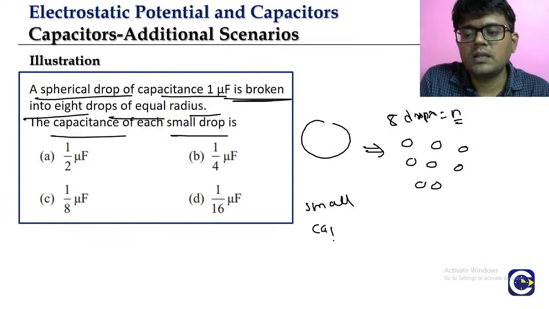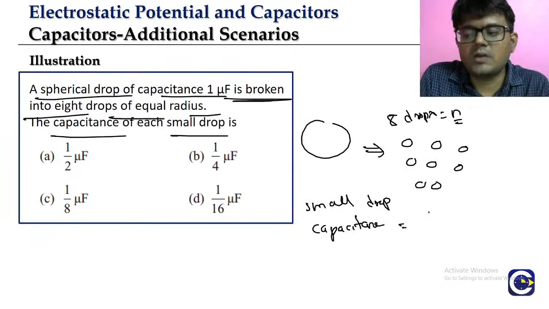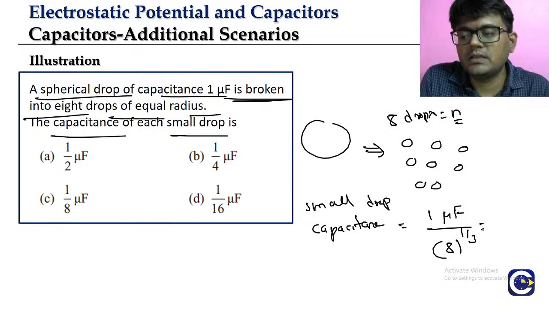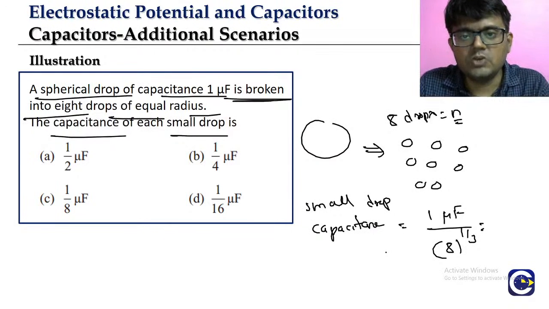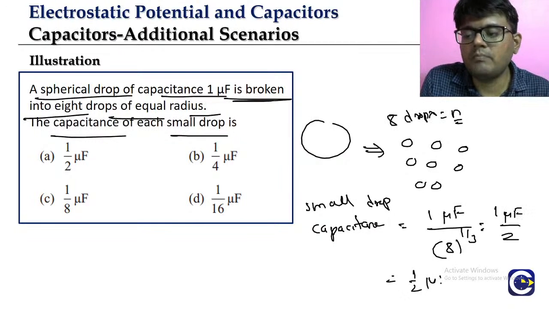Small drop capacitance is the bigger drop capacitance, which is 1 microfarad, divided by n power 1 by 3. N is 8. 8 power 1 by 3 means what? Cube root of 8. Cube root of 8 is 2. So it is half microfarad.